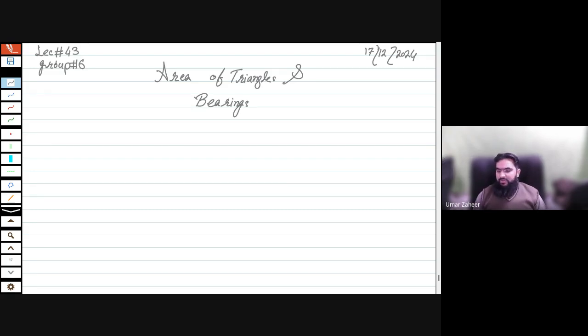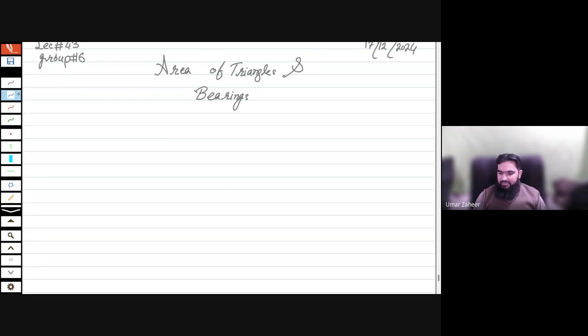So for example, if you have to find the area of a triangle, we have to use two formulas. The first one, let's say we have a triangle, any triangle. This is the triangle A, B, and C. We have to find the area of a triangle.